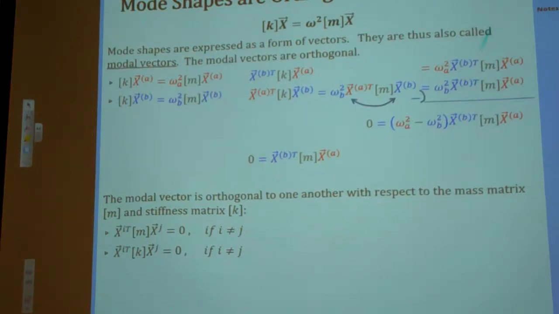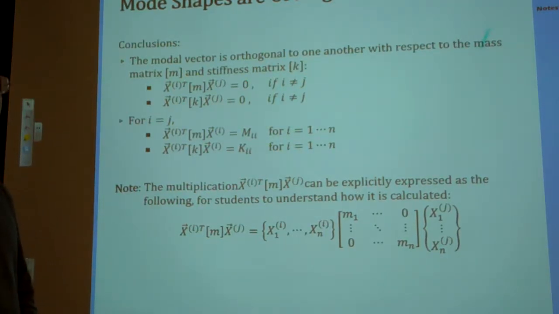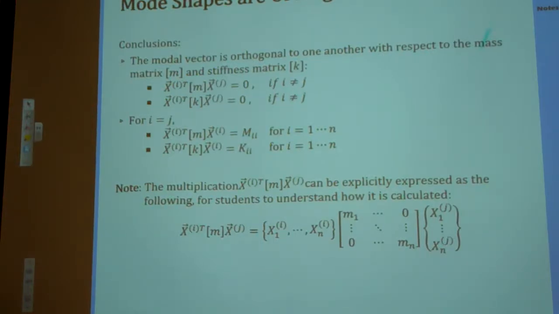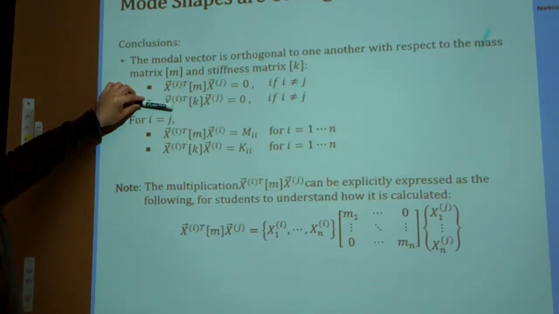You may ask, how can we utilize this? That will be involved in our next topic, and I will mention that probably on Wednesday. So these are the properties we obtained from the previous page.